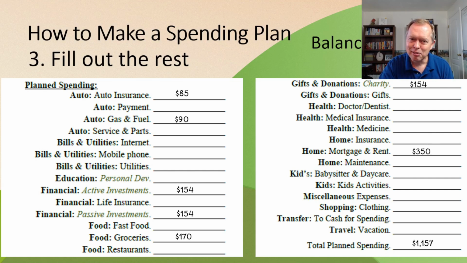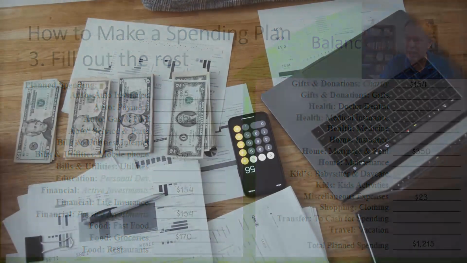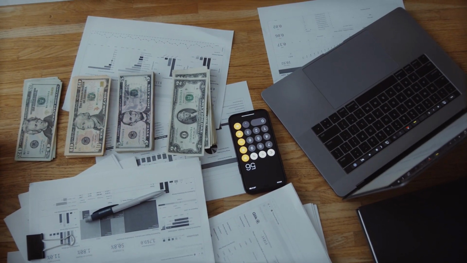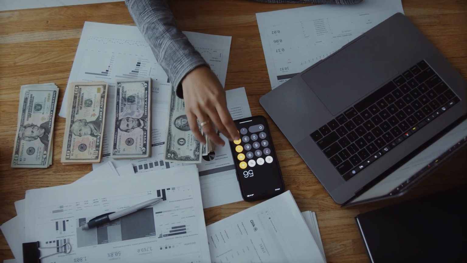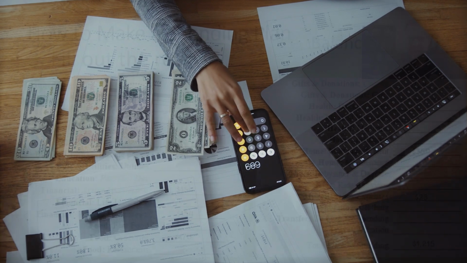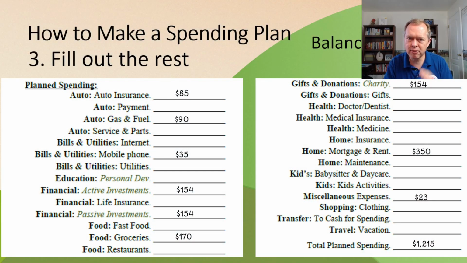Well, most young men and just about everybody else in the world has a cell phone. We're going to put $35 to that. He's now down to $23 left over. Well, we won't get too picky, so we're going to put that in miscellaneous. And now he has planned his spending a total of $1,215 based on his anticipated income and following the 10-10-10-70 model. Does this make sense?